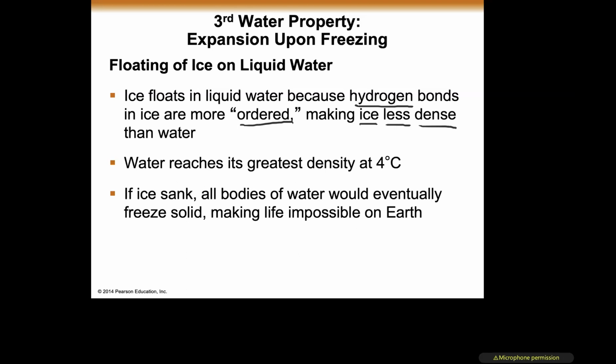Water reaches its greatest density at 4 degrees Celsius. As it goes from 4 degrees to 3, 2, 1, 0 degrees and changes into ice, it actually becomes less and less dense. So as water cools, say from 10 degrees Celsius to 4 degrees Celsius, its density is going to increase, right?